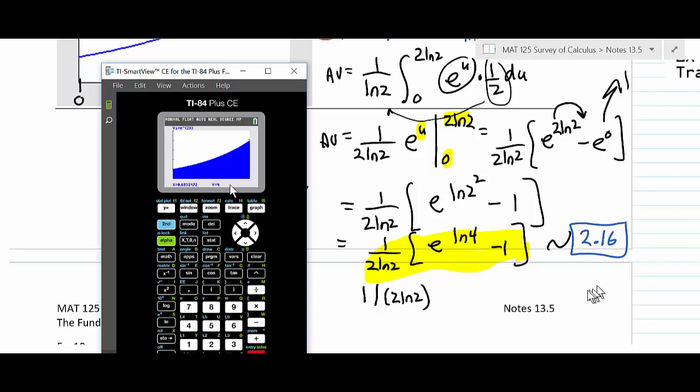So you're looking at values between 1 and 4. Is that more logical now? It should be, because what I was saying was I was thinking the answer was going to be between 0 and 0.69. That's wrong. You're looking at y values, so I should have been paying attention to that. So that is the right answer of the problem, 2.16, okay?